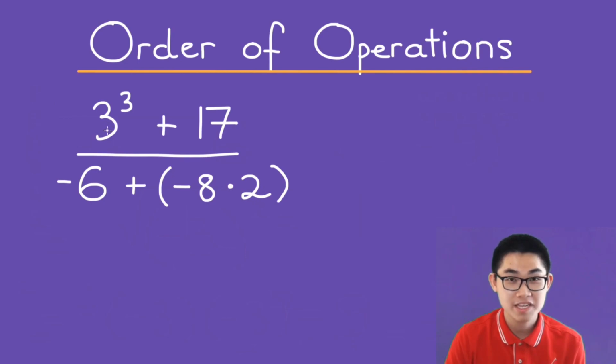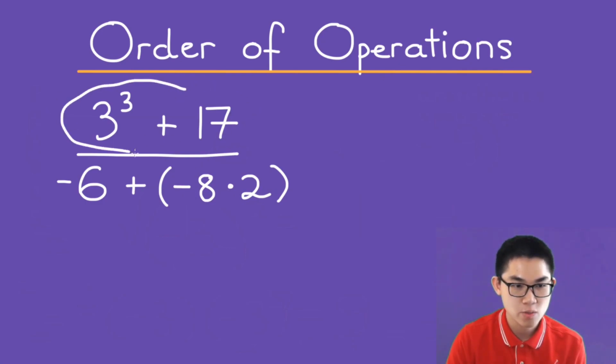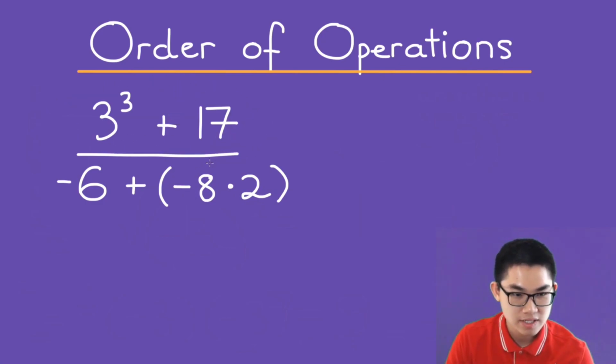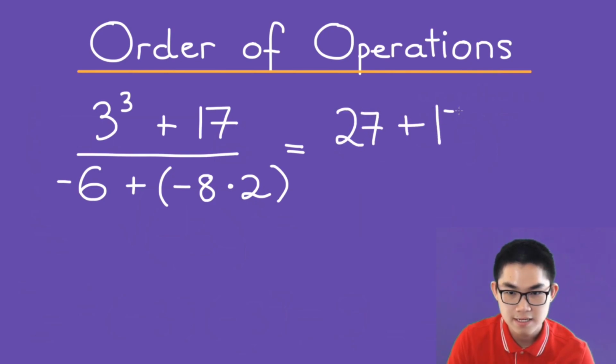Now we have 3 to the power of 3 plus 17 divided by this entire expression, which is negative 6 plus negative 8 times 2. So let's go ahead and do the numerator first. This is called the numerator, and this one is called the denominator. We just solve it normally. So 3 to the power of 3 is 27 plus 17.